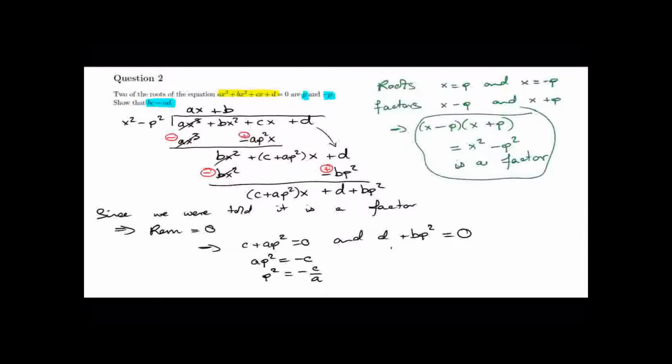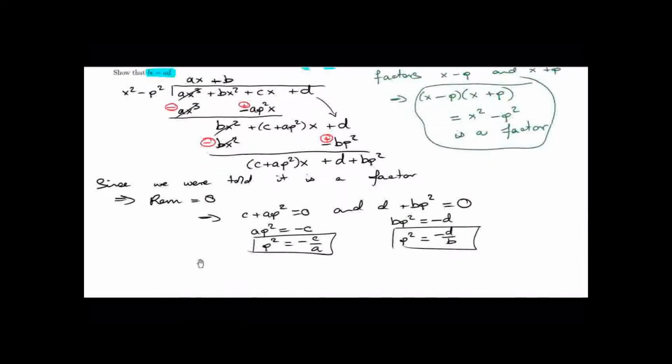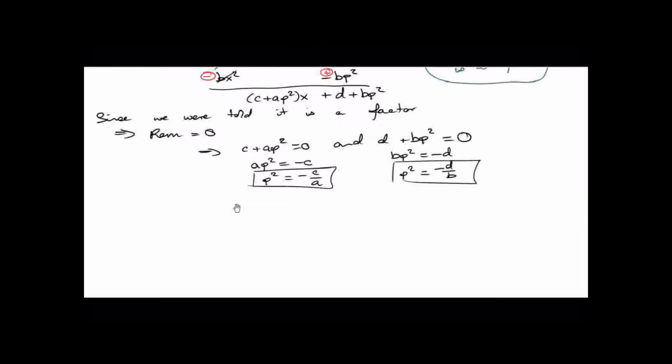Now if we look over here on the right hand side, we can see that bp squared equals minus d, which means that p squared, if we divide across, is equal to minus d divided by b. So basically what we have here is two different answers for p squared, okay? And obviously they should be the same.